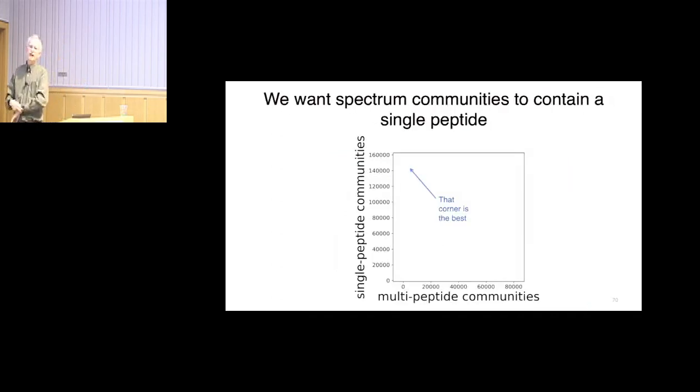So then we wanted to ask, how well does this kind of community generation process work? We went into test data where we hadn't used this during training, and we asked, how well does it do at making communities that are sort of pure? They have one peptide in them, and not too many communities with multiple peptides in them. And so you'd like to be in the upper left corner of this kind of plot.